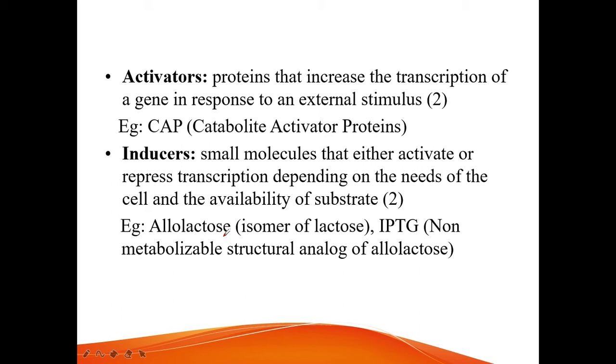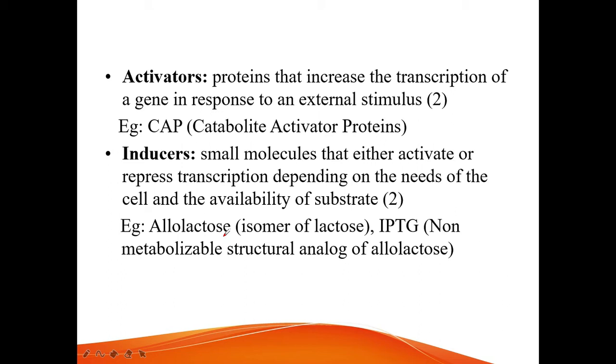Allolactose is an effector molecule, right? It binds to the repressor protein at the allosteric site. When allolactose binds to the allosteric site, it produces a conformational change in the repressor molecule. Therefore, the repressor cannot bind to DNA, and it allows RNA polymerase to function normally.